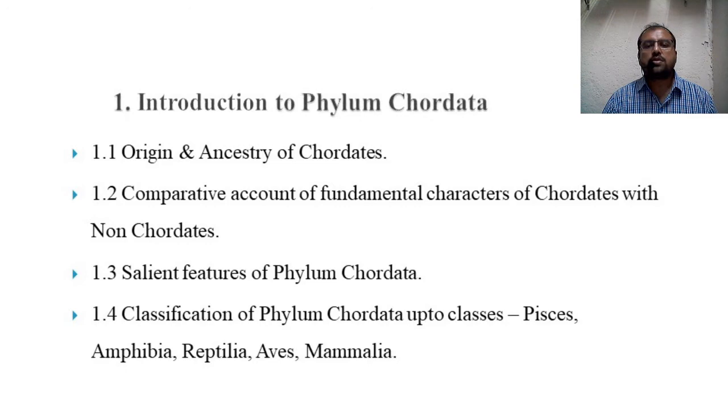As far as the non-chordates are concerned, we studied them in first year, in Animal Diversity First and Animal Diversity Second. Now afterwards we have to study the next classification, that is the phylum Chordata.